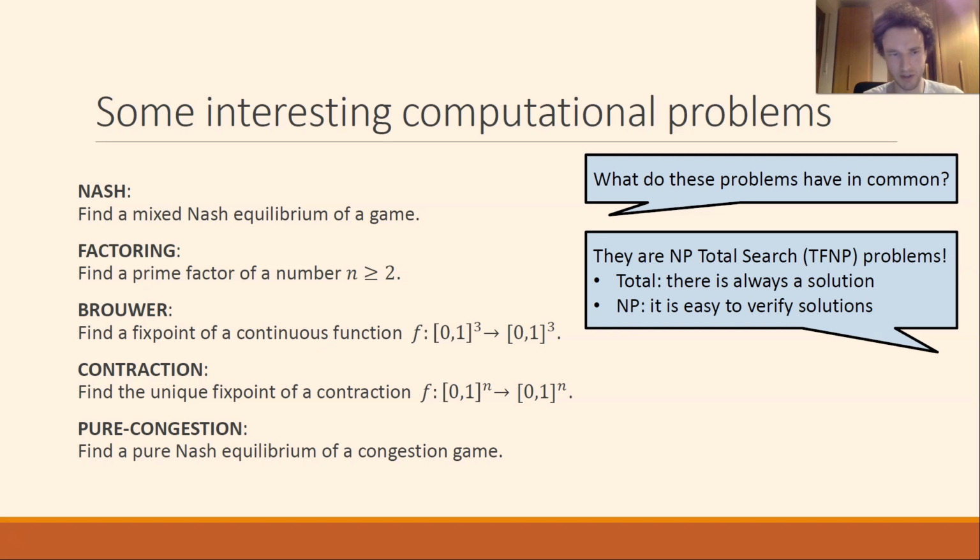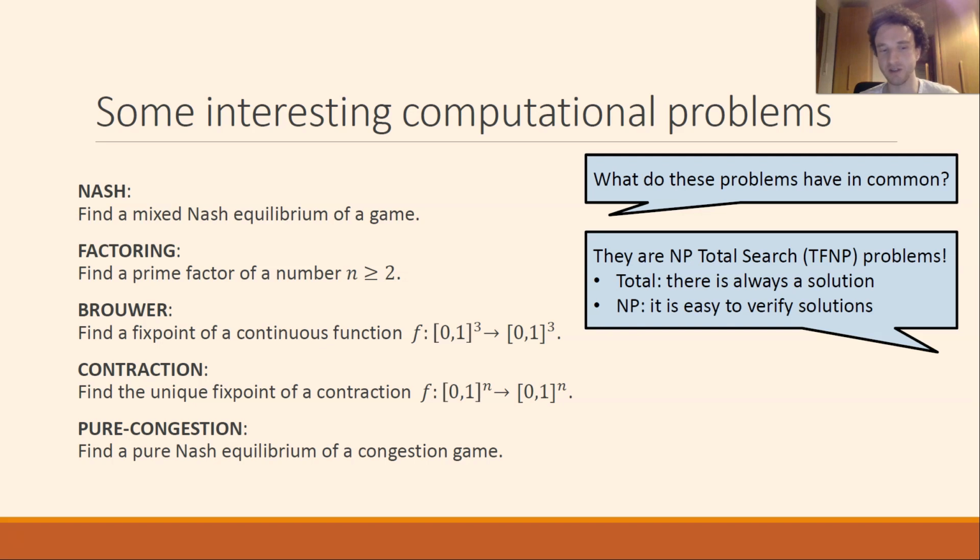Let's quickly go over these problems to see why they are total. So Nash is total by Nash's theorem, which tells you that any such game has at least one mixed Nash equilibrium. Factoring is total because any number has a decomposition into prime factors. In particular, it has a prime factor. Brouwer is total by the famous Brouwer fixed point theorem, which tells you precisely that any such function has at least a fixed point.